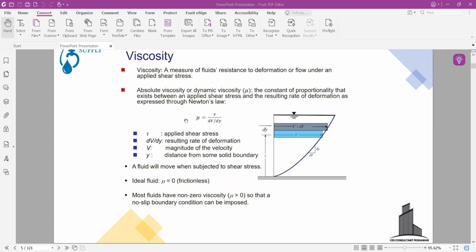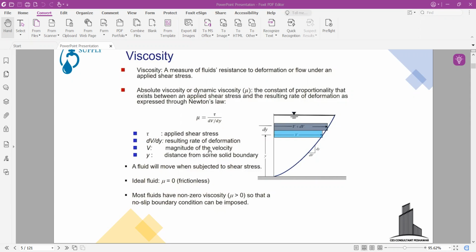So the viscosity is basically the ratio of the shear stress which usually occurs between the two layers of a fluid to the rate of deformation that occurs due to that shear stress. So tau is the applied shear stress, while dV by dy is the resulting rate of deformation.